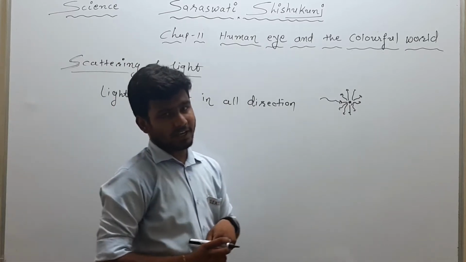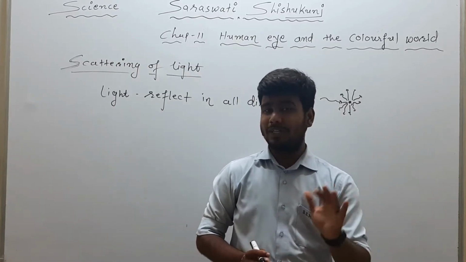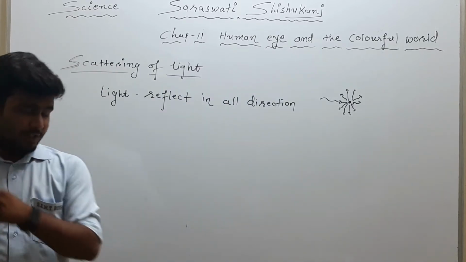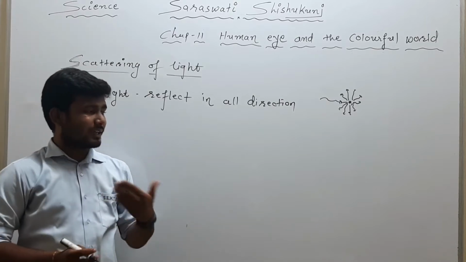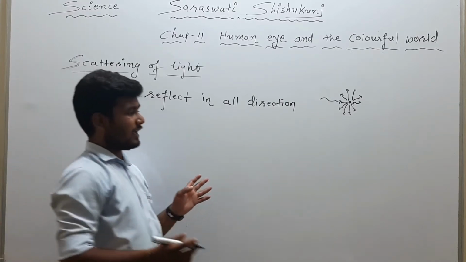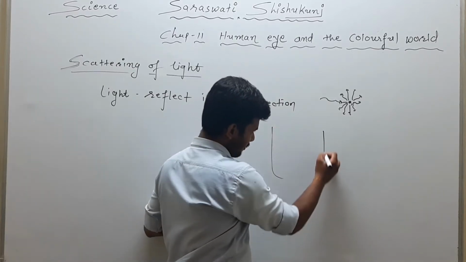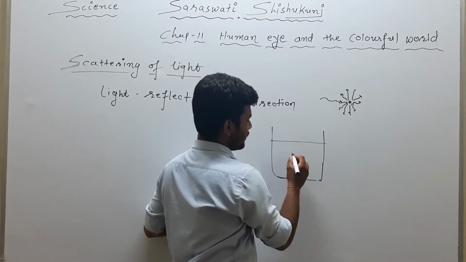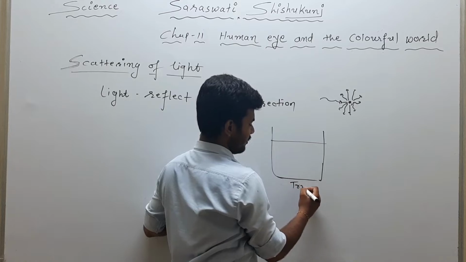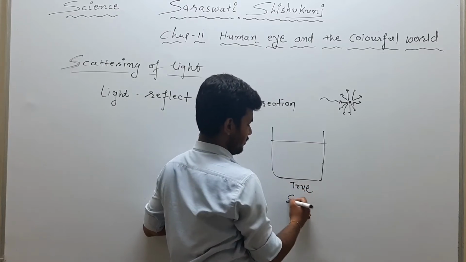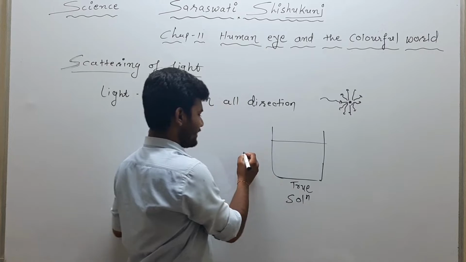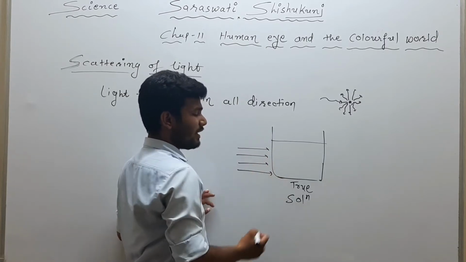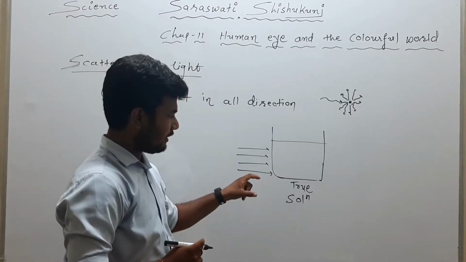Now one question will be there in your mind: sir, does every particle do this type of reflection? No, not every particle will do this type of reflection. I think you have studied this in standard 9, that if we have a true solution in a beaker A, suppose here I am having a true solution, and from one side I incident the light, there will be no scattering effect here.